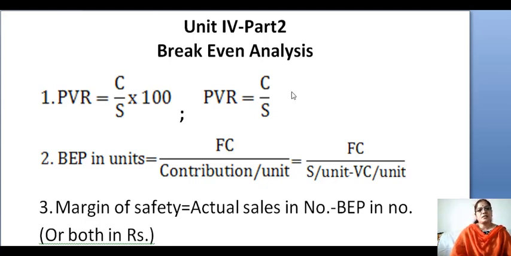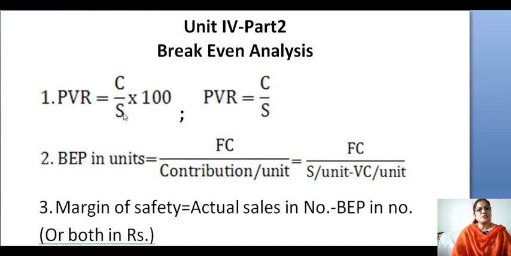So let us have a quick recap of the formulae which we already studied. The first one relates PV ratio with contribution and sales. PV ratio in this session I have referred using PVR. The symbol PVR refers to PV ratio. C stands for contribution and S stands for sales.